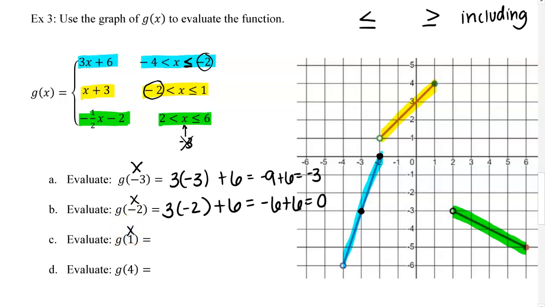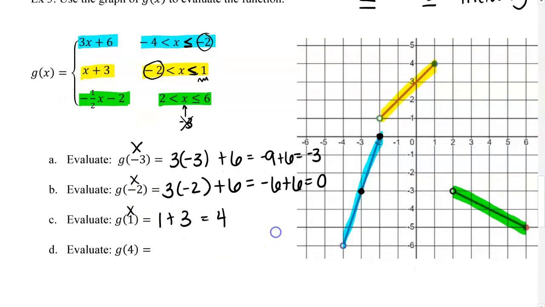Next one, when x is 1. I see 1 listed here. Okay. It is included here. I see the symbol is underlined. X is less than or equal to 1. So I can put 1 into the yellow equation anywhere I see an x. So 1 plus 3 is 4. The last one, when x is 4.